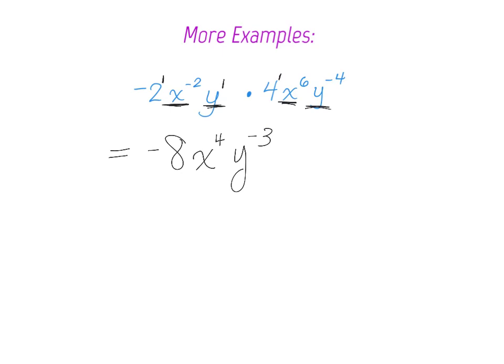All right, and then finally, the only thing that we need to deal with is this negative exponent. So the negative 8 is to the first power. So it's to a positive exponent, so it stays in the numerator. X to the 4th is a positive exponent, it stays in the numerator. But the y to the negative 3 is going to be sent down to the denominator.